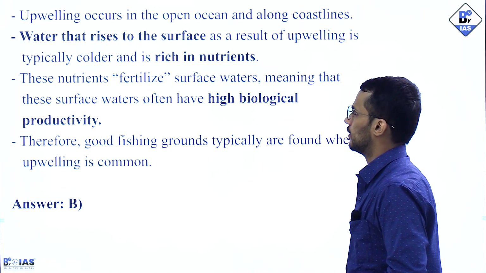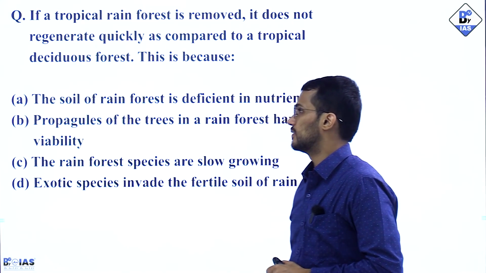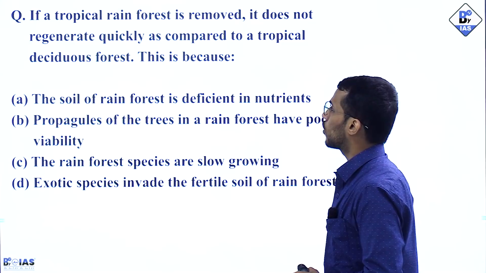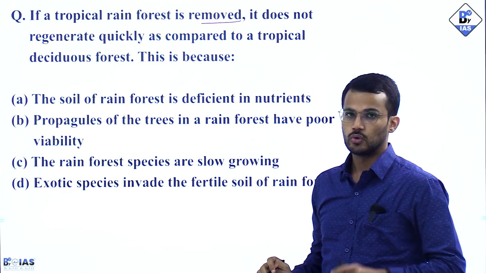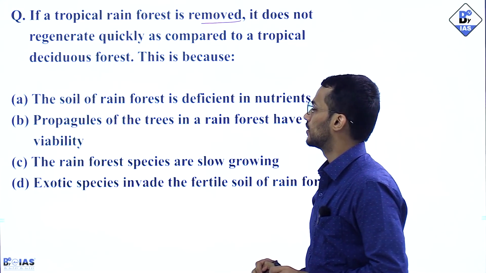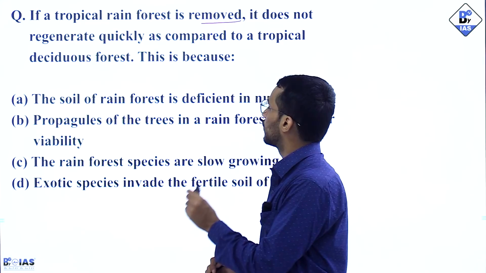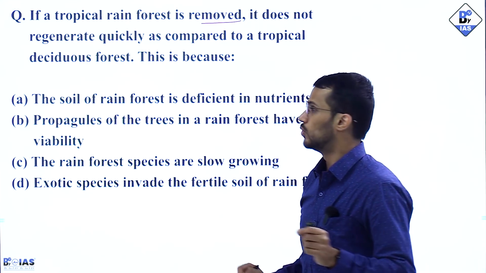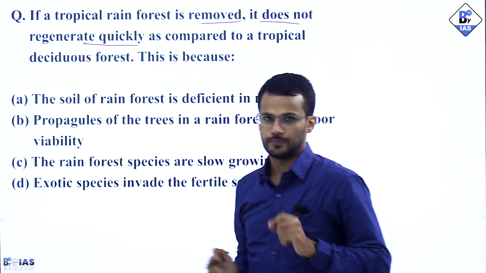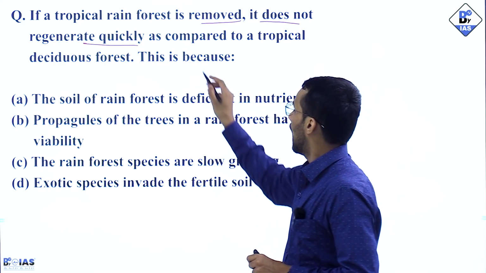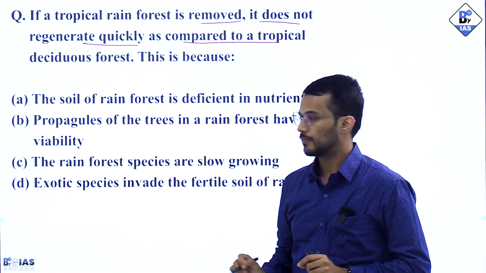So this is the question. Now let us discuss the next question. If a tropical rainforest is removed, it does not regenerate quickly as compared to a tropical deciduous forest.